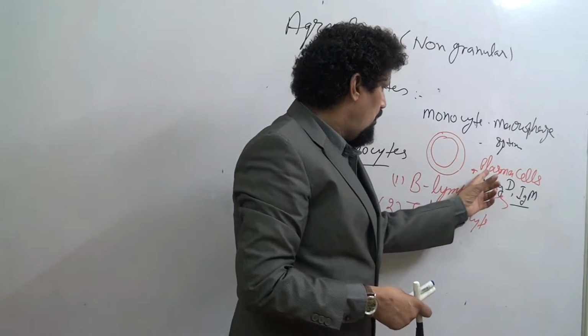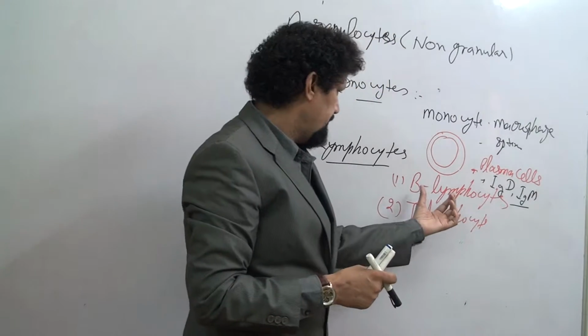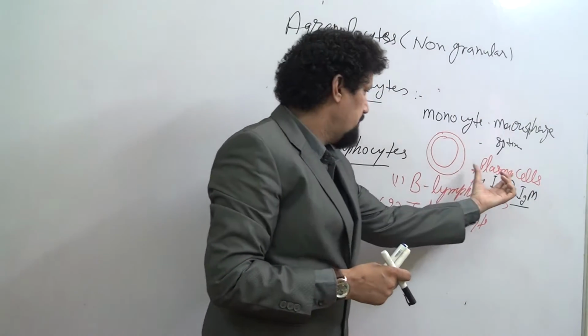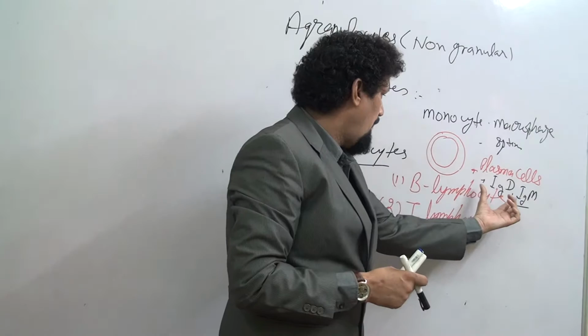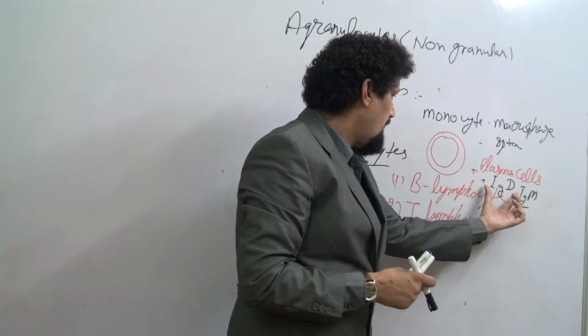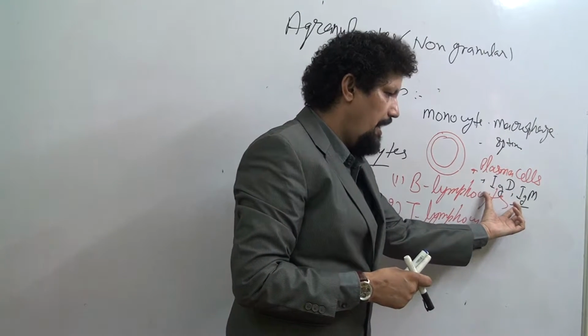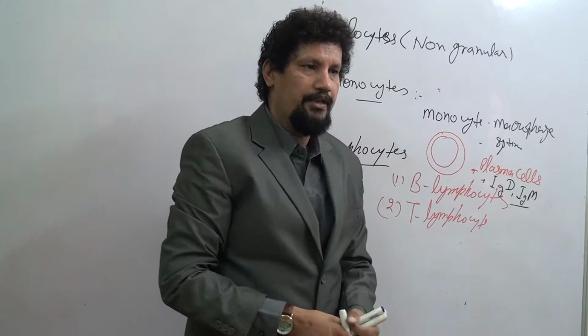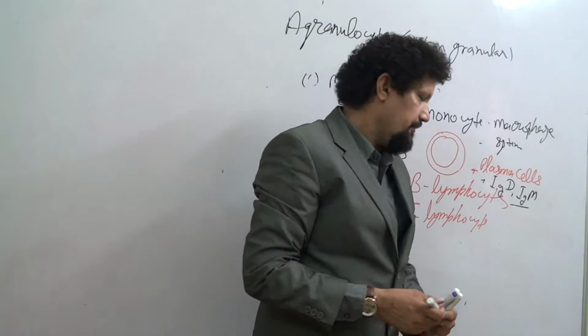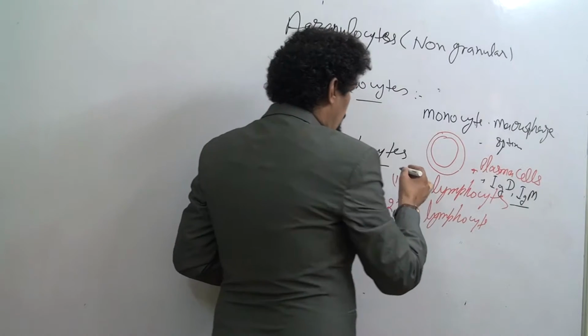These all three components, the B lymphocytes, the plasma cells, and the immunoglobulins IgD and IgM, are forming the humoral immunity.